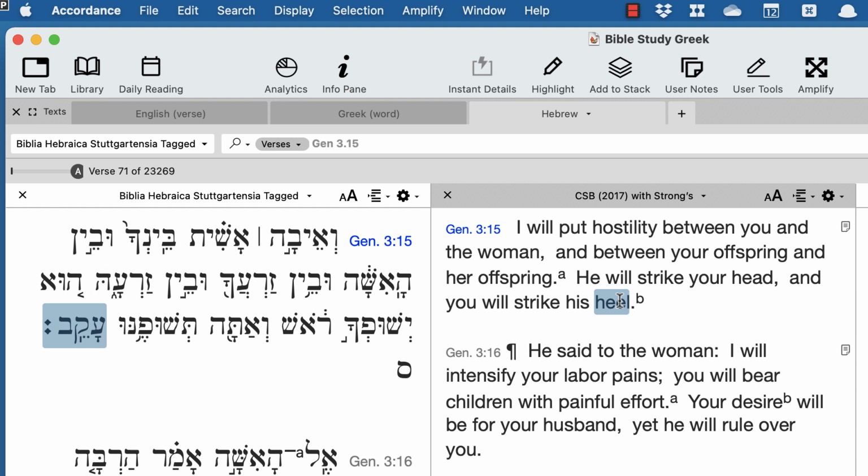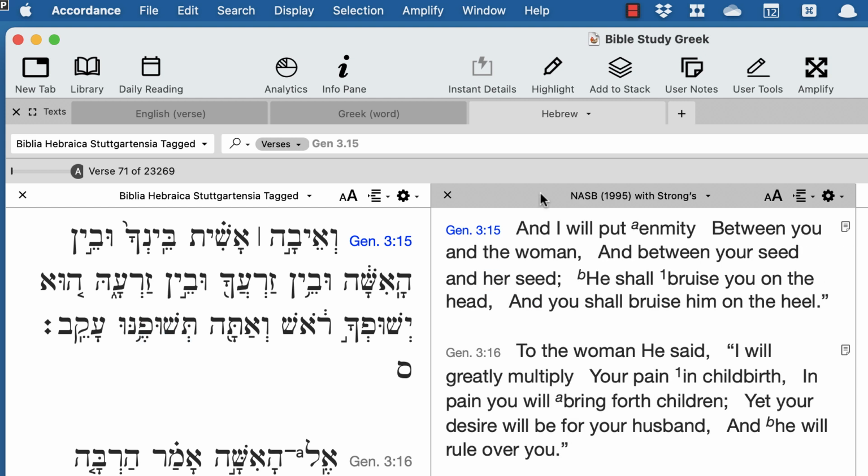And if you know your theology or anything about Christianity, striking your head means that Jesus is going to destroy Satan, and Satan striking Jesus' heel, since the heel is not that vulnerable part of the body, doesn't result in death, that this means he's just going to damage him. So if you just follow concordance and have strike, strike, you can still kind of figure out what the sentence means.